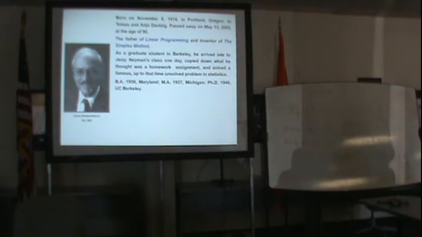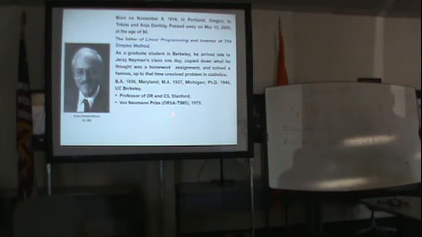He got his BA from Maryland in 1936 and a master's degree from Michigan in 1937. And he got his PhD from the University of California at Berkeley, and he was a professor at Stanford University until his death. He was professor of OR and computer science. He got the von Neumann Prize from the Operations Research Society and the Institute of Management Sciences in 1975. This ORSA TIMS thing doesn't exist anymore.